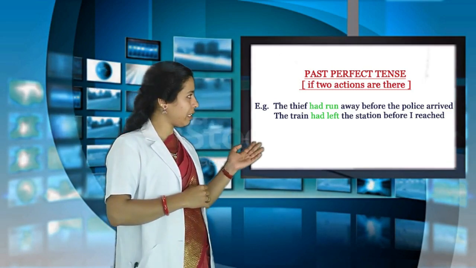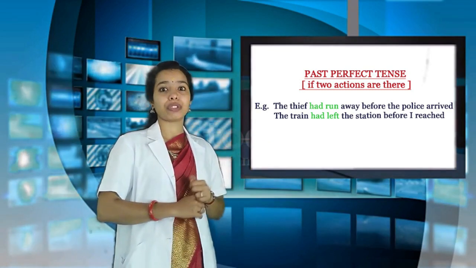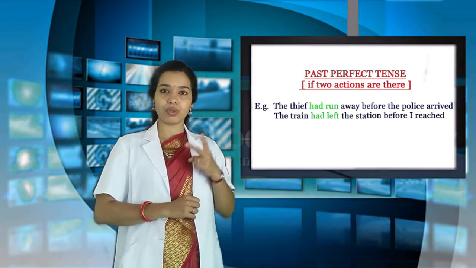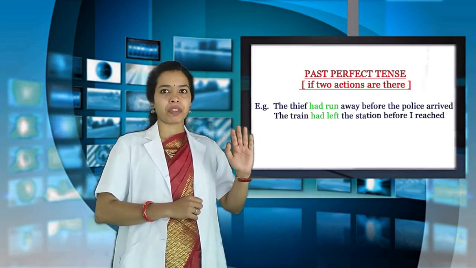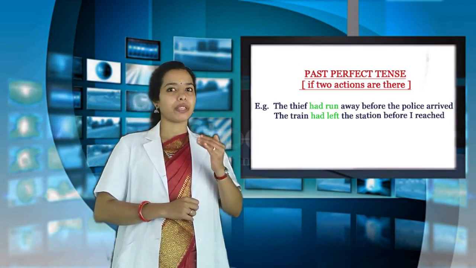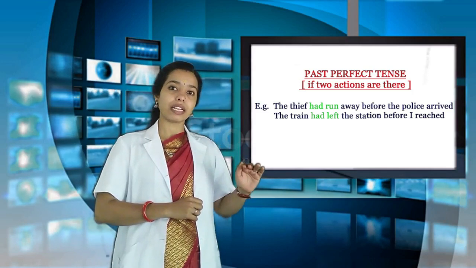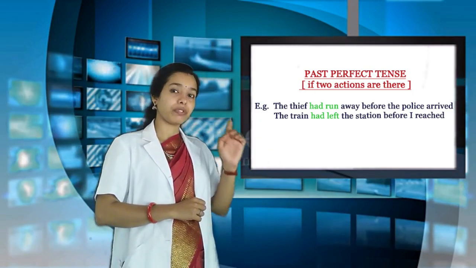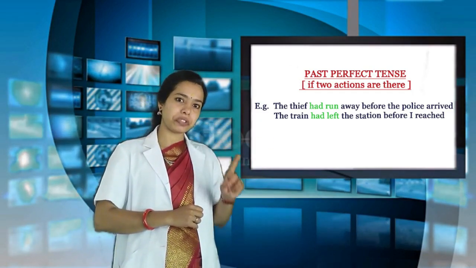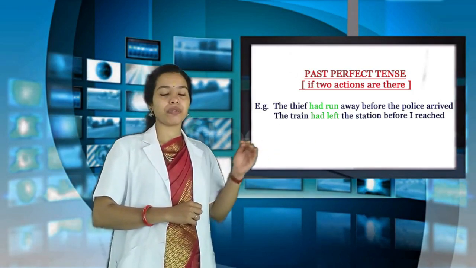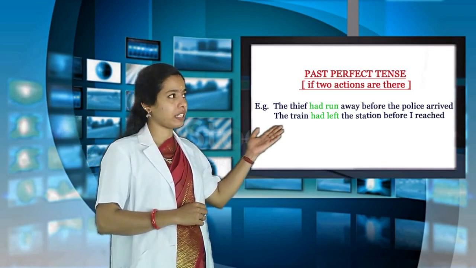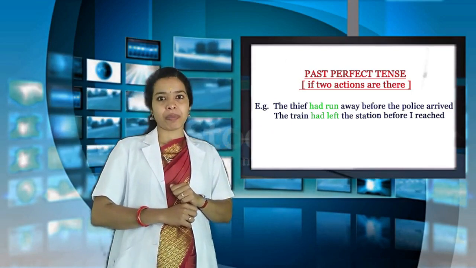Just like, a thief had run away before the police arrived. So two actions happened. One is the thief had run away, and then what happened? The police arrived. Both these actions happened in the past, but the action which was completed first is the thief running away. So we denote it in past perfect. The thief had run away.